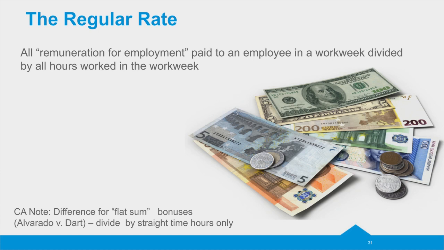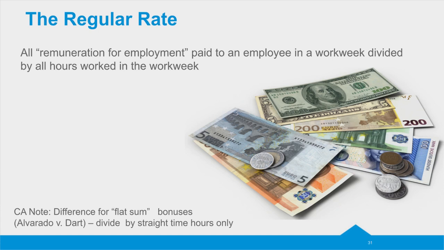The regular rate is all remuneration paid to an employee in a work week divided by all hours worked in the work week. I know those are kind of big concepts, but basically it's all compensation that an employee gets paid in a work week, and then you divide that by all hours that they've worked, and then you get the rate, and that's the rate at which they should be paid overtime.